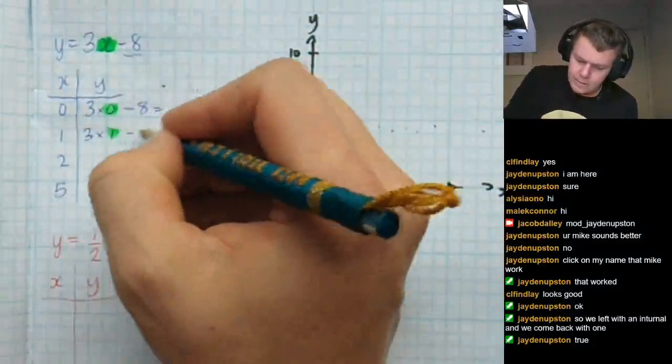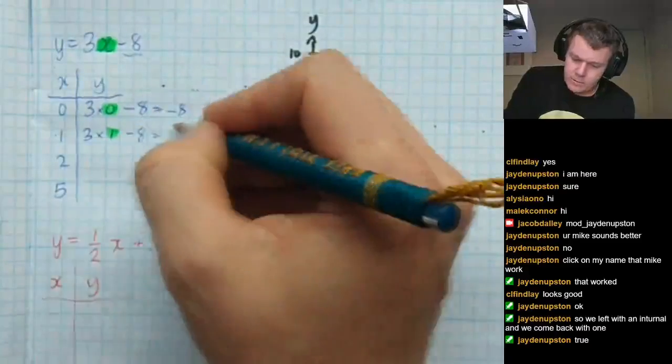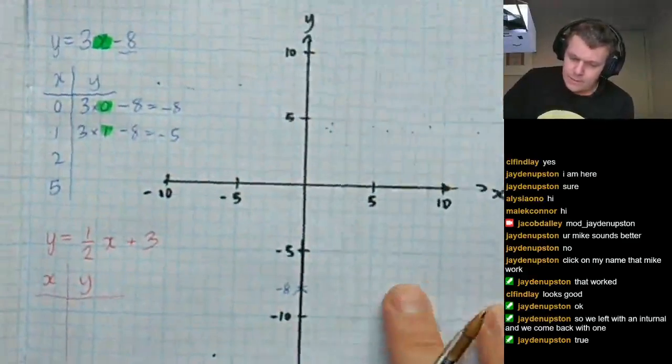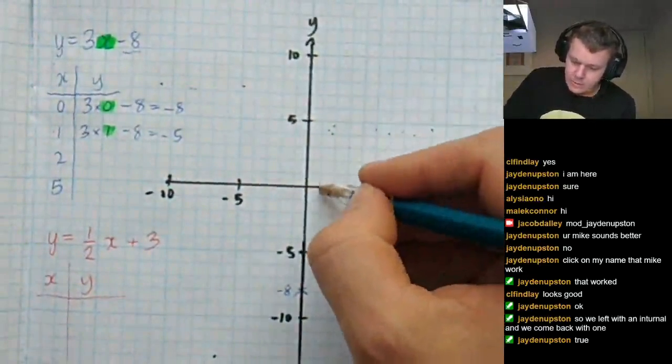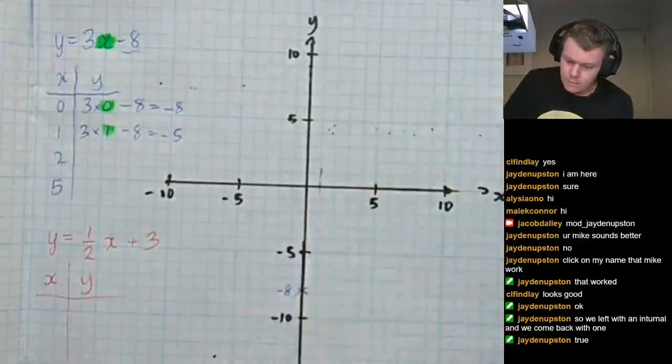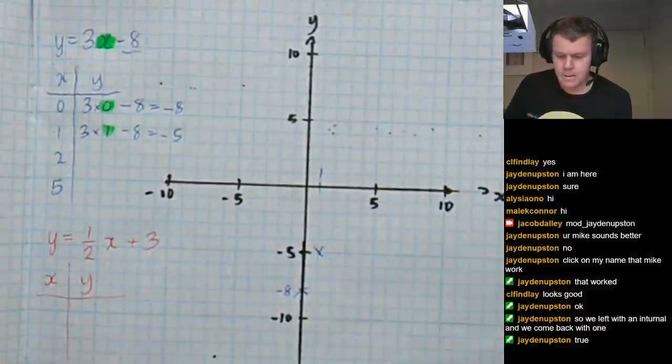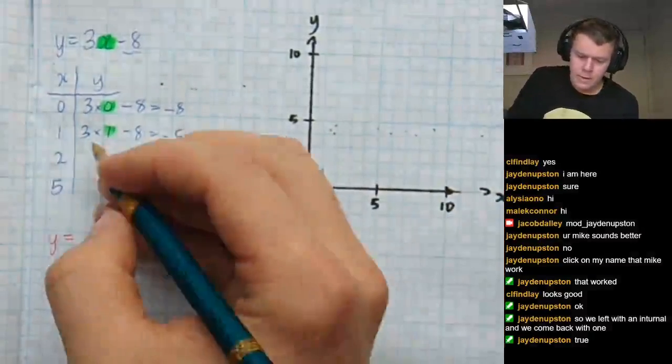So 3 times 1 minus 8 equals negative 5. So at x equals 1, y equals negative 5. So you get another mark there.